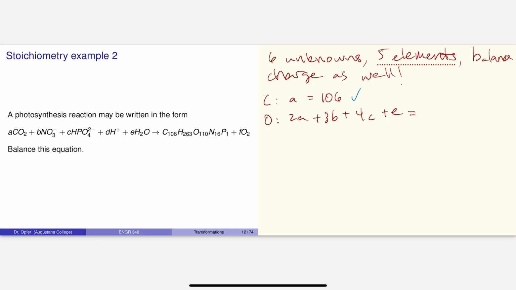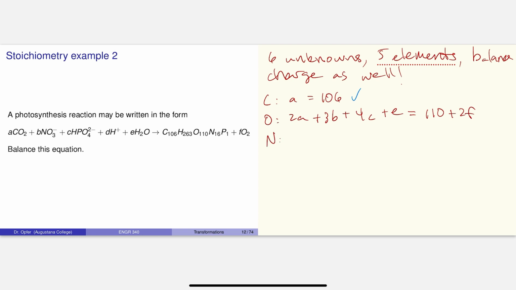And that's all for the left-hand side. On the right-hand side, we've got 110 oxygens in our biomass and 2F in our oxygen waste product. So that's going to be 110 plus 2F. Can't do much more with that right now, but let's move on.